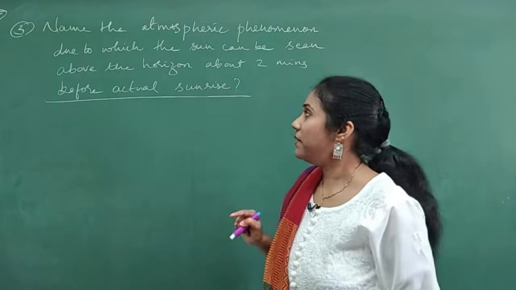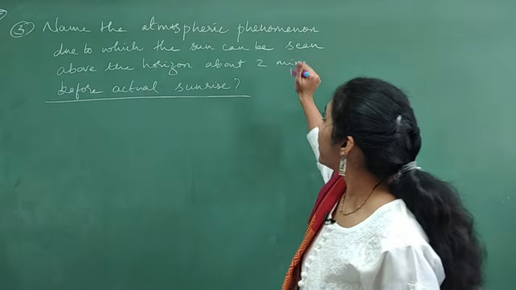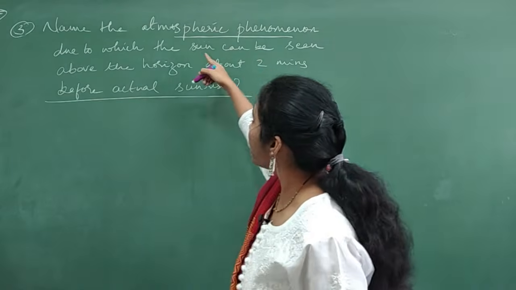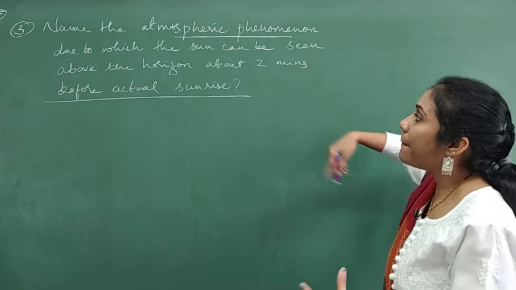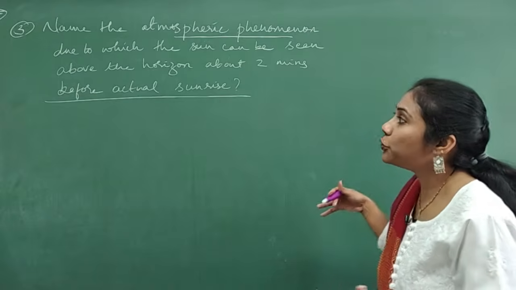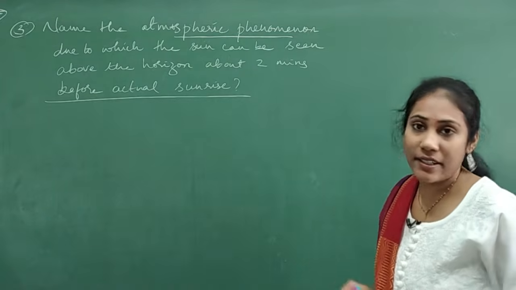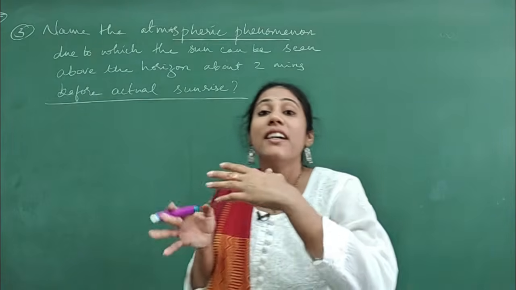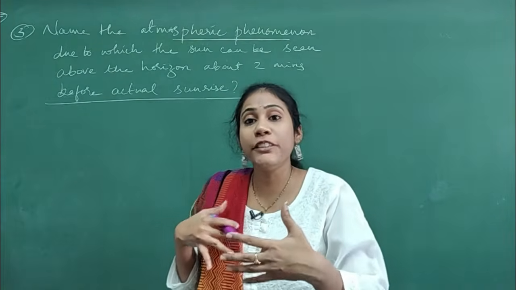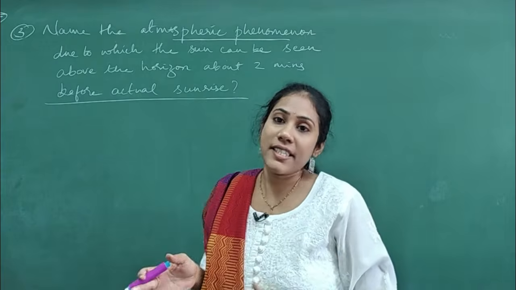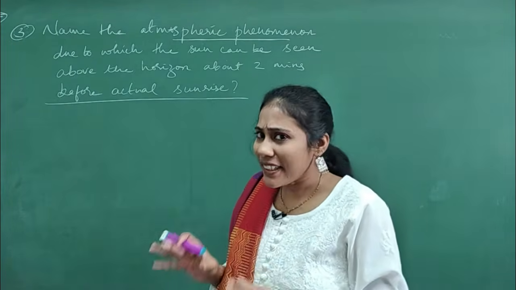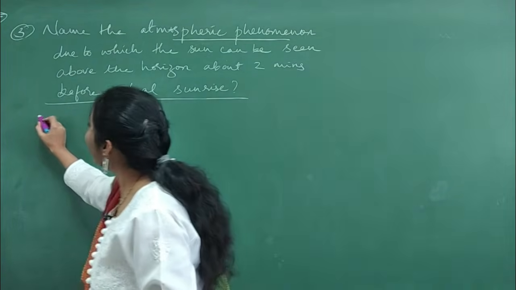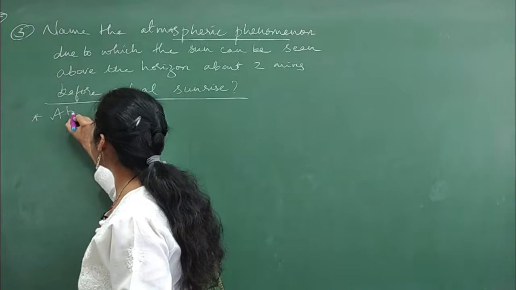Coming to the third question. Name the atmospheric phenomenon due to which the sun can be seen above the horizon about 2 minutes before actual sunrise. So why does the sun appear 2 minutes early? We can see the sun 2 minutes before sunrise. That is due to, again, atmospheric refraction.